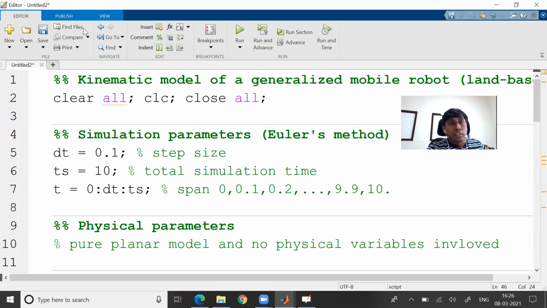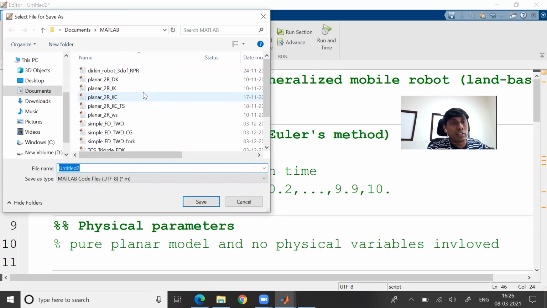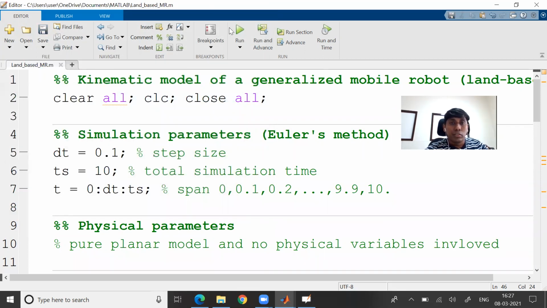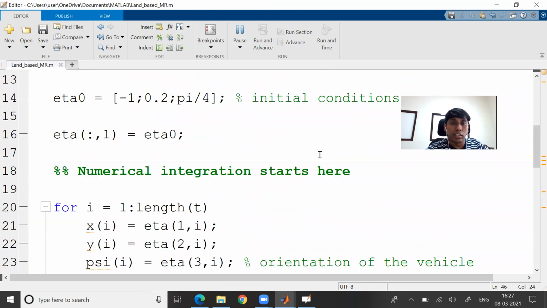I'll write land base mobile robot. Okay, I just want to run. We'll see it is running. I hope you are able to see the screen even now.